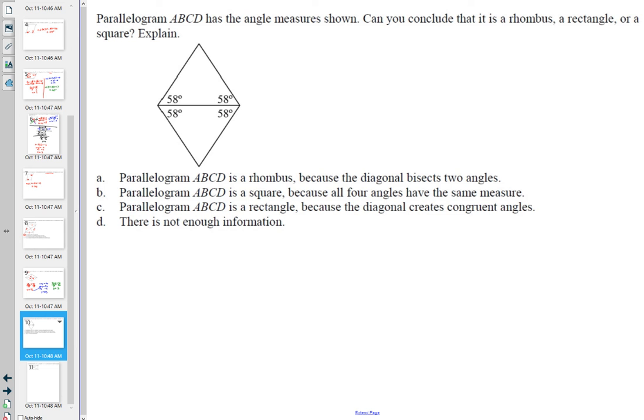Well, this diagonal is bisecting the angle, so that's true about a rhombus. But in a rhombus, both diagonals bisect the angles. I definitely don't have enough to say it's a square. I definitely don't have enough to say it's a rectangle. It's going to be D, because it has to be both pairs.